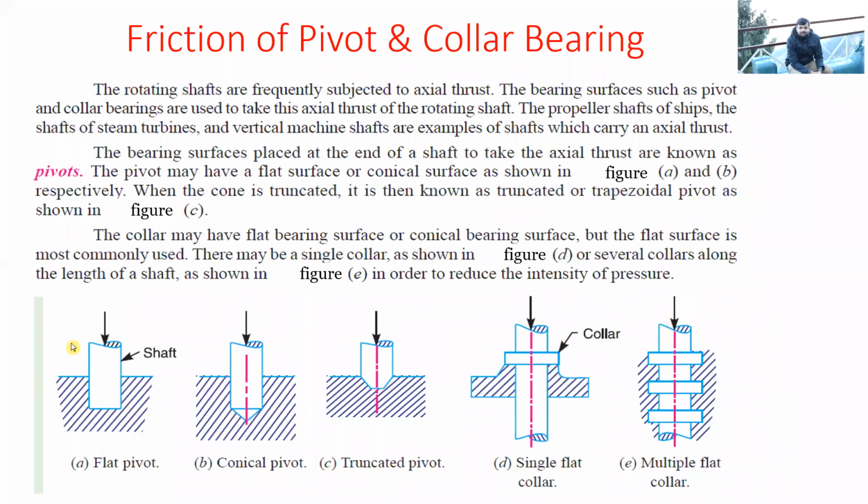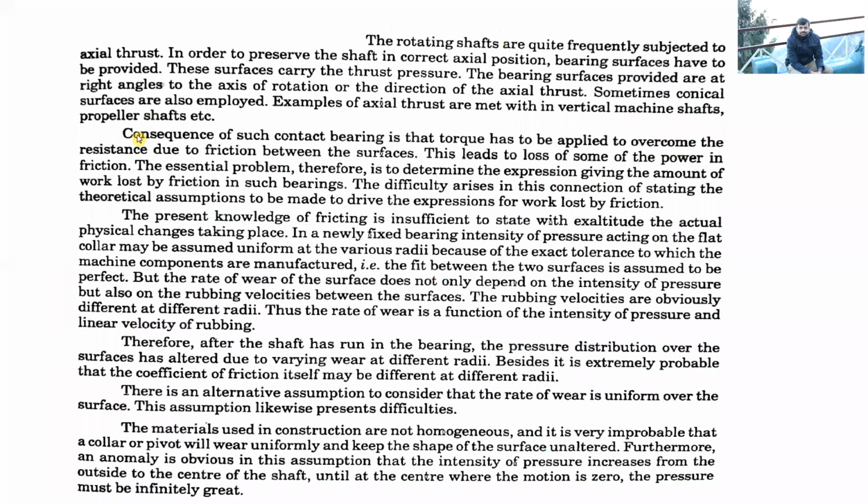Now let's move forward and discuss the theoretical and practical problems which we come across while determining the equations to know the losses due to friction in the shaft. The rotating shafts are quite frequently subjected to axial thrust; this we have already seen. In order to preserve the shaft in the correct axial position, bearing surfaces have to be provided.